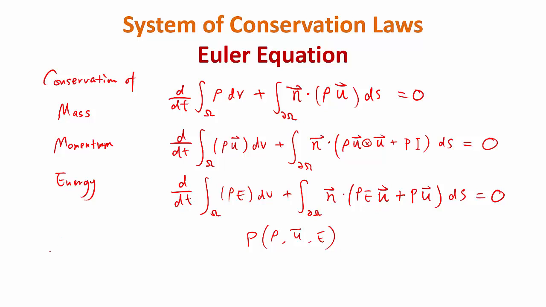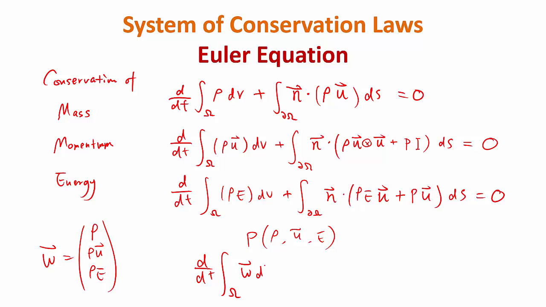Okay, and now if you write the entire state vector, we call rho, rho U, and rho E as w, it's a 4-dimensional vector. Then the whole system can be described as d dt of integral of w dv plus the surface integral of n dot F of w, where F is going to be a tensor of w, ds equal to 0.